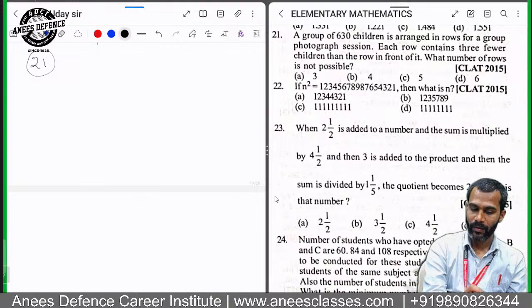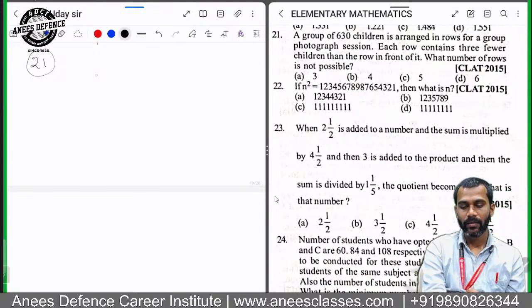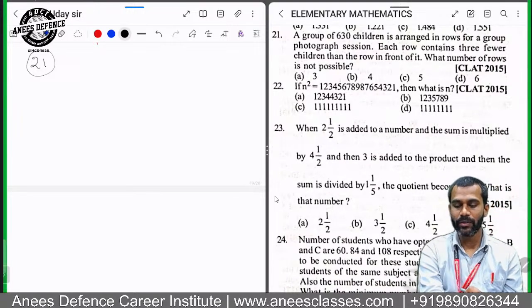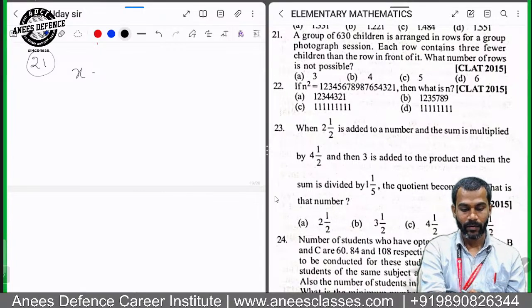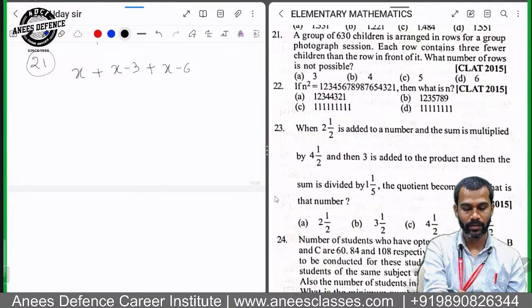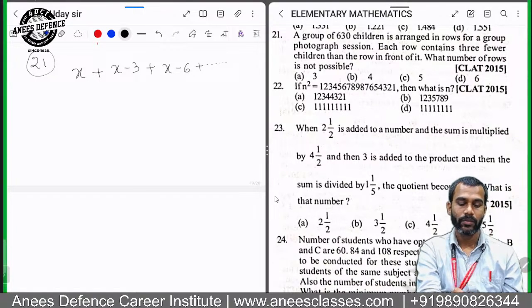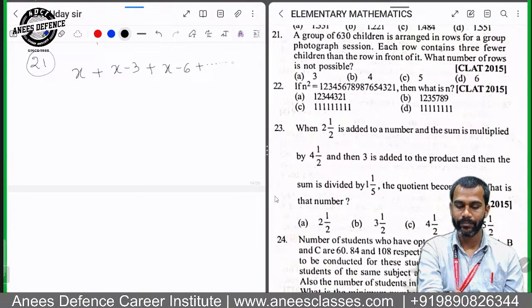See, let us assume in the first row there are x number of children, and in the next row x minus 3, x minus 6, and so on. Suppose the number of rows be n, up to n terms.